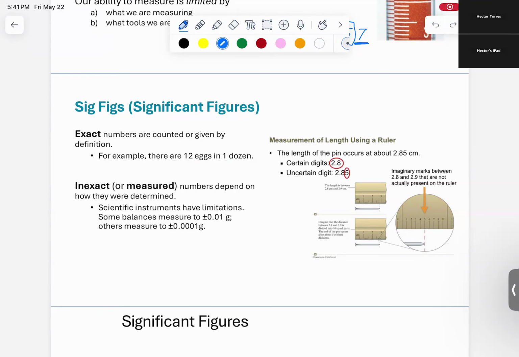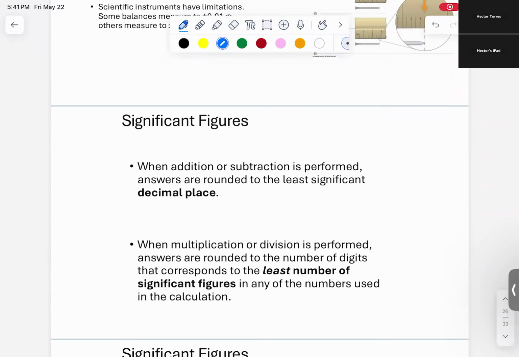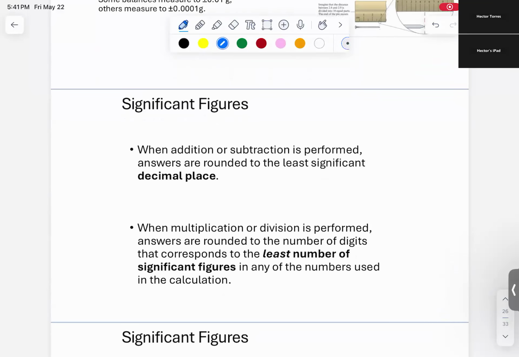Whereas when we measure something, that one is not exact. We can measure it to a certain digit, but some values are going to be a little uncertain, for example on this 5. So there are rules about how to tell if a sig fig is accurate or not.